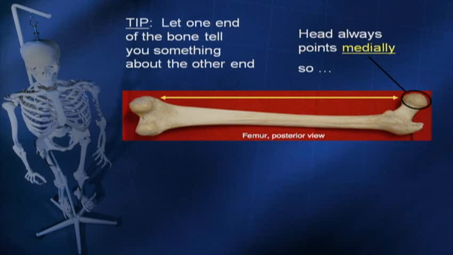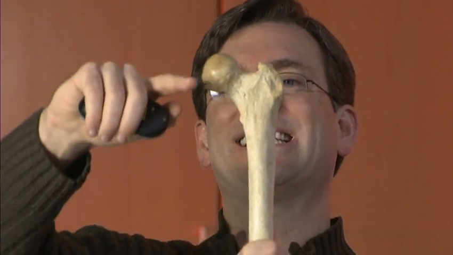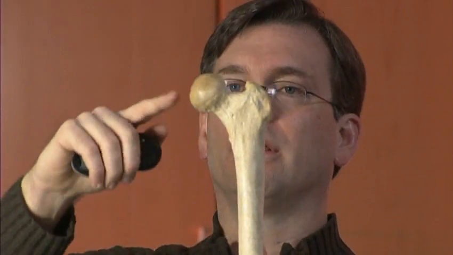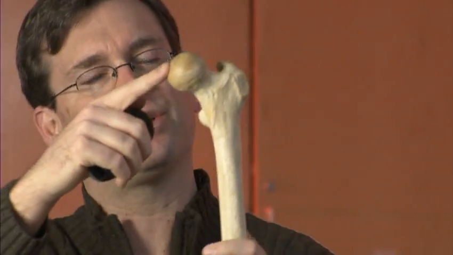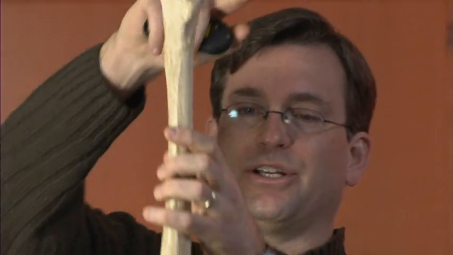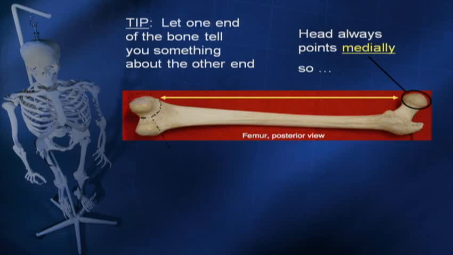So, for example, if I look at this, notice that this portion right over here is referred to as the head. So I'll hold up the same example right over here. As I look at this structure, this is the head of the femur, and this is going to form a ball and socket joint in the hip. But actually, if I look at the head of this femur, it tells me the name of this structure way down here at the other end.